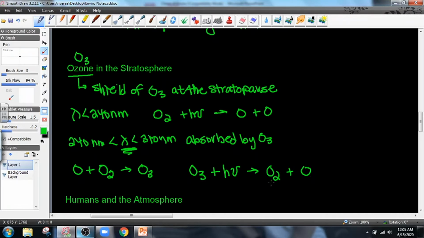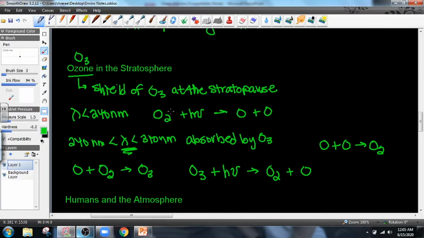That free oxygen can bang into an O2 and make more ozone so that the ozone layer doesn't get depleted. And additionally, that O could also just bang into another O and make more regular old oxygen gas that we need to breathe.